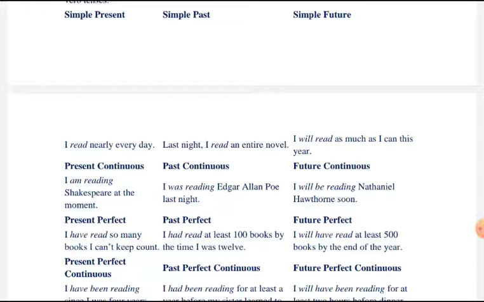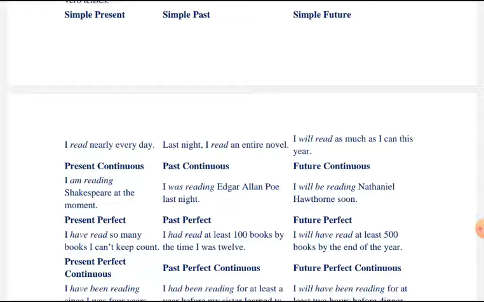Past continuous: I was reading Edgar Allan Poe last night. In future continuous, I will be reading. So the past tense contains was reading, present tense contains am reading, and the future tense contains I will be reading.